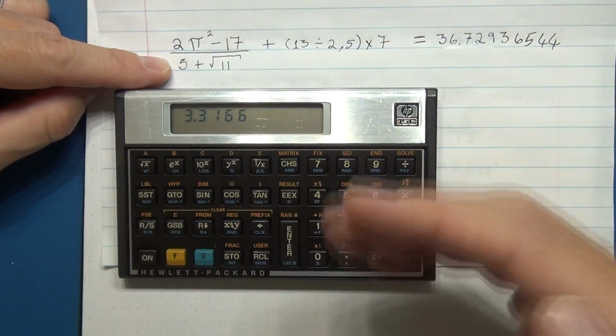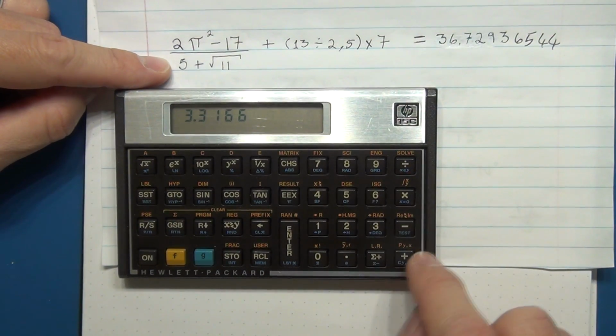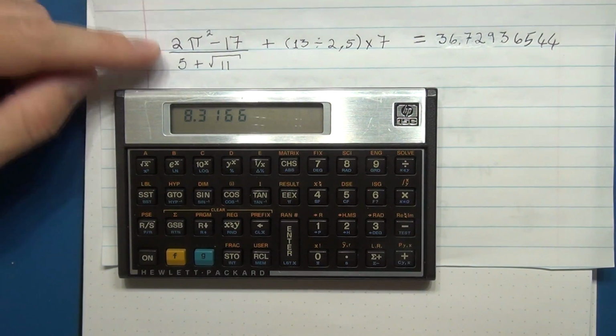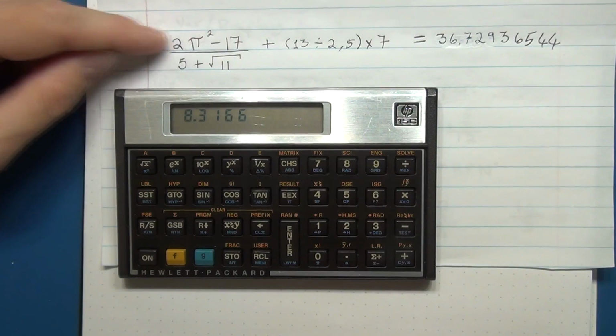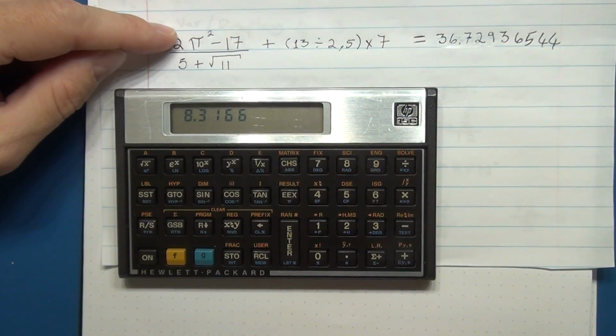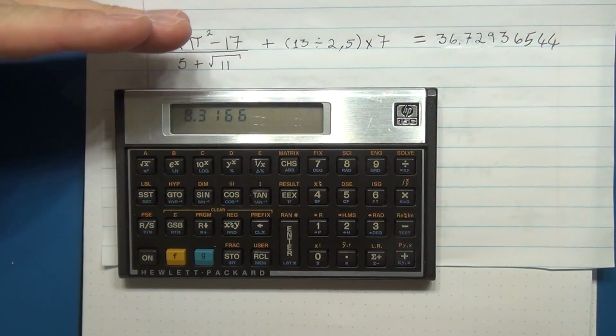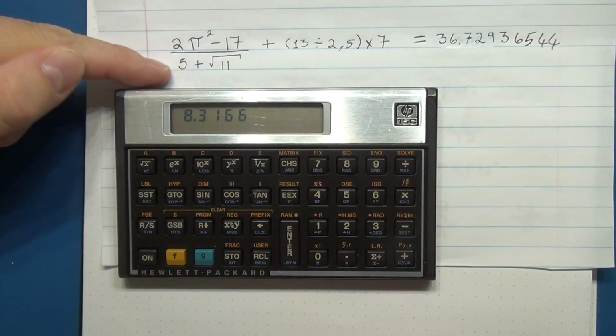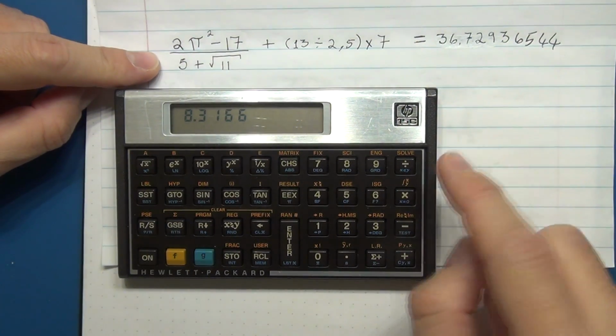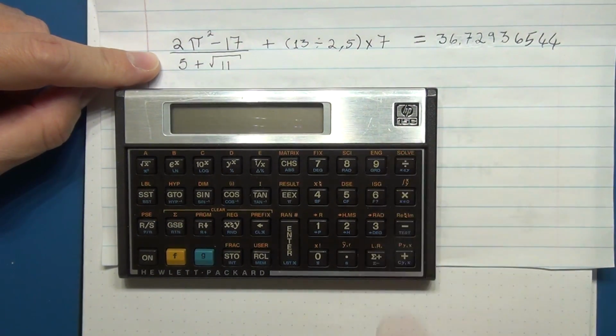I've already got 5 on the stack above, so I hit the plus key to do the addition. And now I've already got the answer to the top of the problem on the stack, and I need to do the division, that divided by that. So all I need to hit here is divide, and I get that part of the problem.